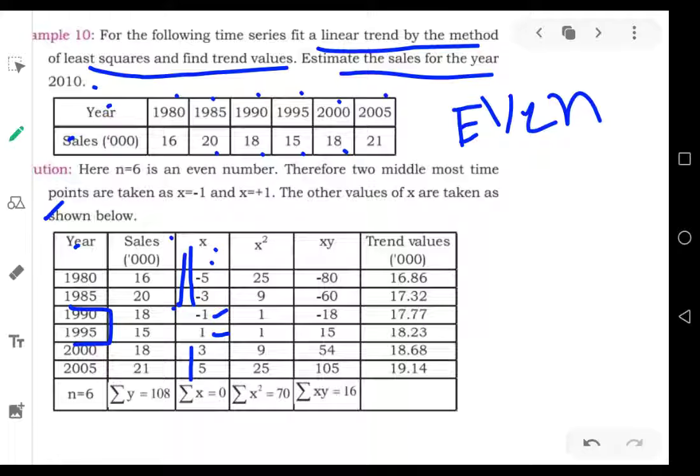See, when even number of years are given to us, like 4 years, 6 years, 8 years, 10 years type of data, we will choose the middle 2 years and for those 2 years you should allocate -1 and +1. -1 should always be for the above year and +1 for the below year.